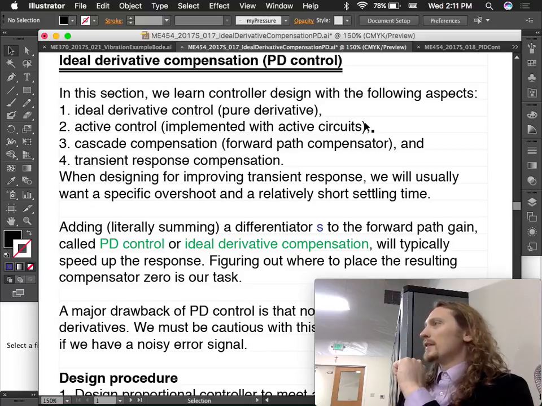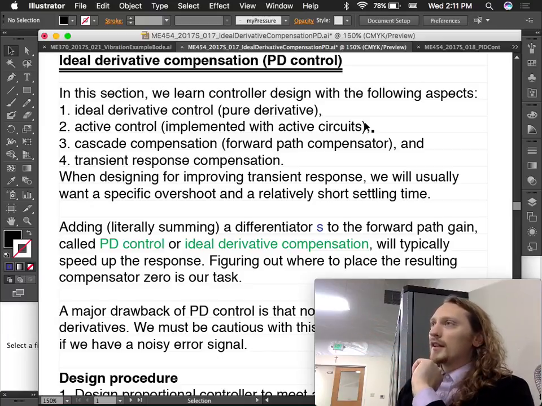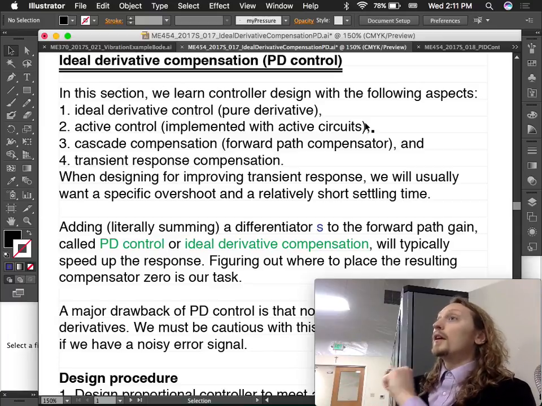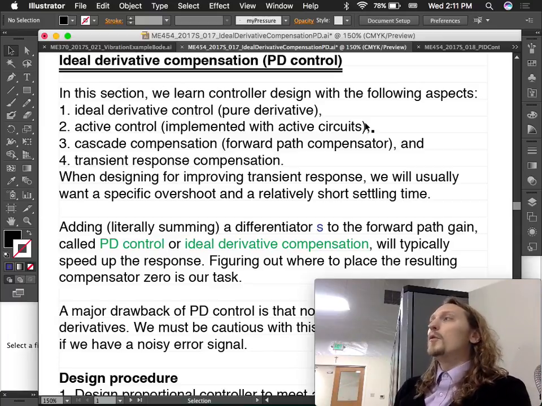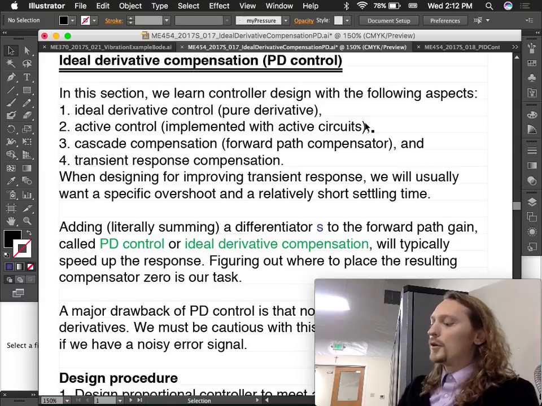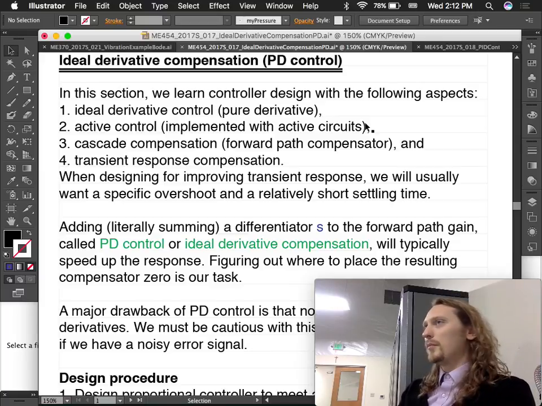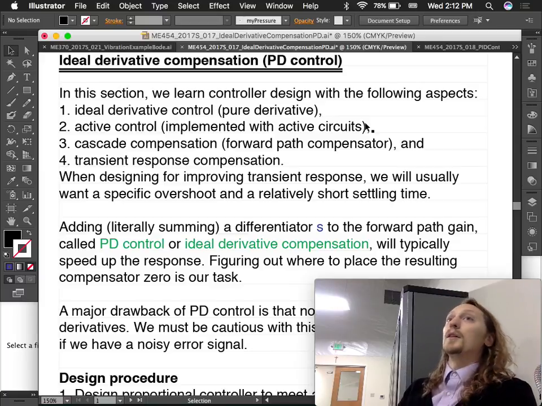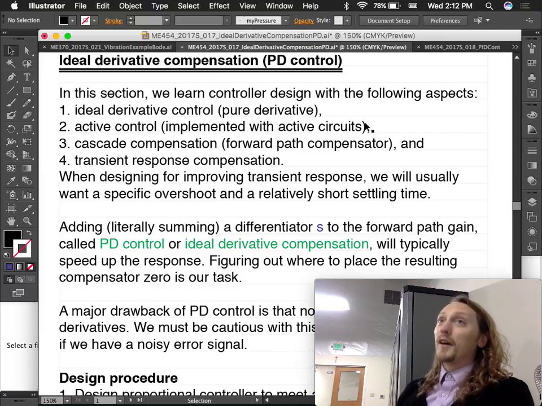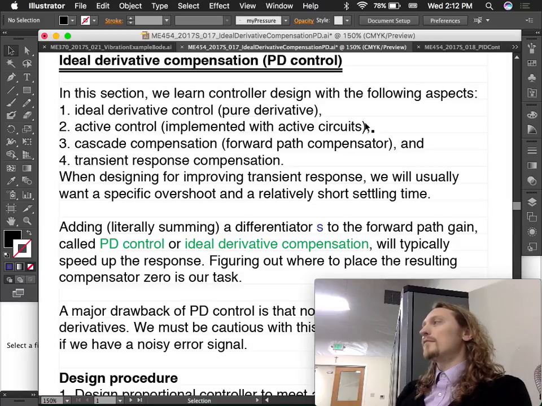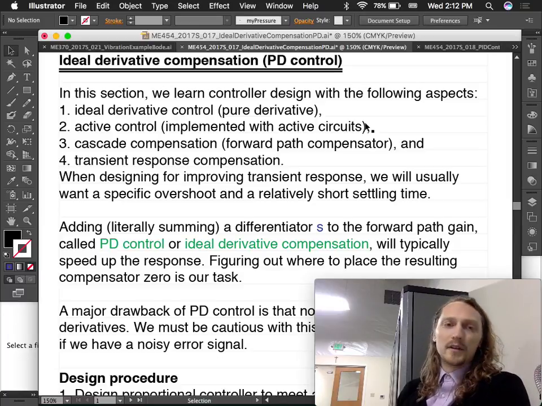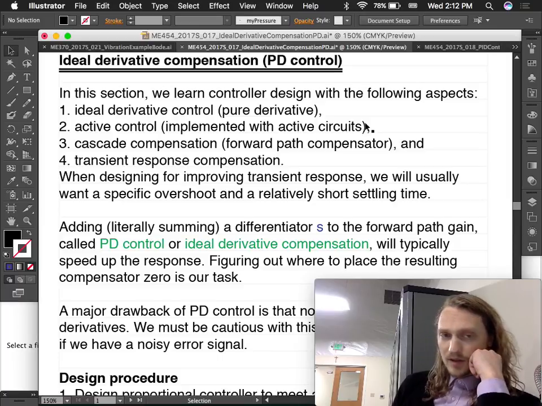That was the integral compensation and the lag compensation. They left the root locus alone. Now we're going to want to move that root locus to go through a specific desired dominant pole location. That's what we want, so we can just dial it in where we want to be. And that's our goal with derivative compensation.